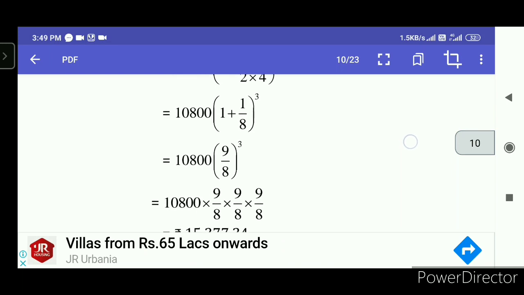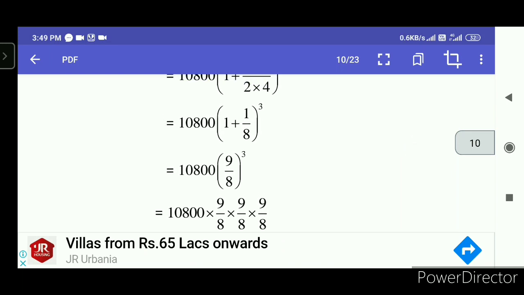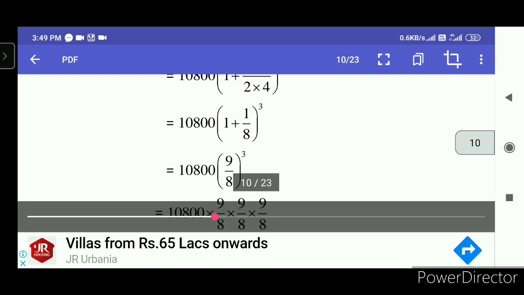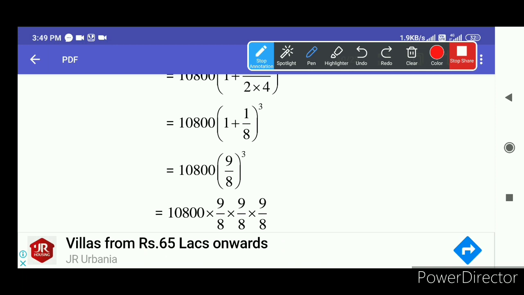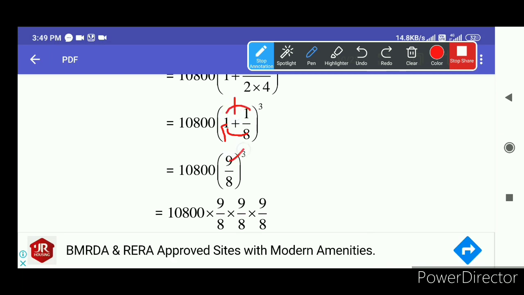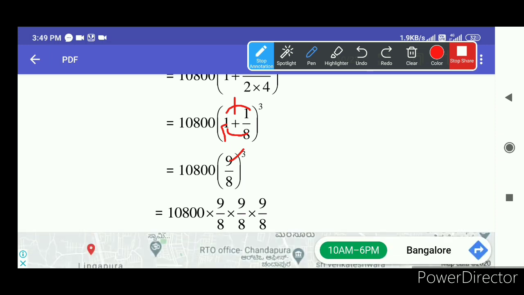Now 1 plus 1 by 8, if you add, what will you get? 9 by 8. How? LCM. Got it? See, 8 is the LCM. If you cross multiply, 8 ones are 8 plus 1, it will give 9. 9 by 8 whole to the power 3, that is repeated 3 times.